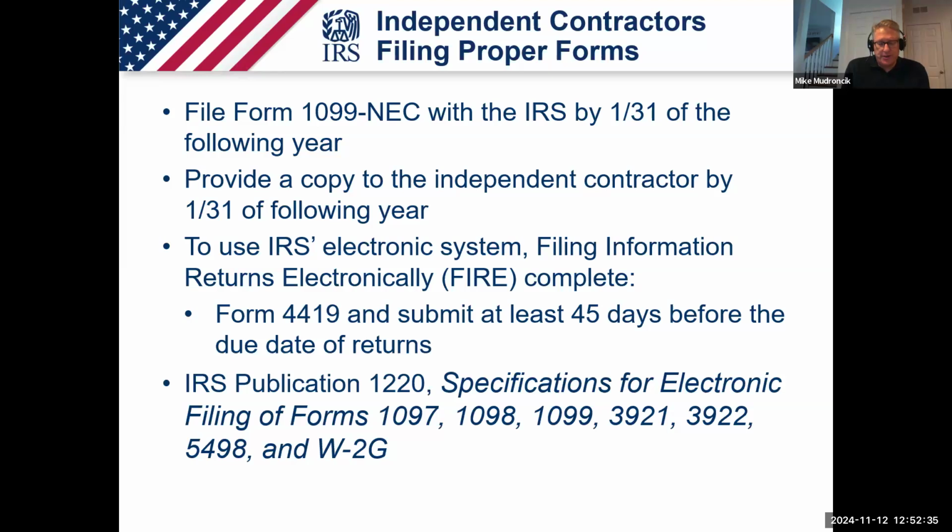Now, let's talk about independent contractors. You, as the organization that employed these individuals as independent contractors, need to file the Form 1099-NEC. NEC stands for non-employee compensation. You file it with the IRS by January 31st of the following year. You're also providing a copy of the 1099-NEC to that independent contractor, again by January 31st.